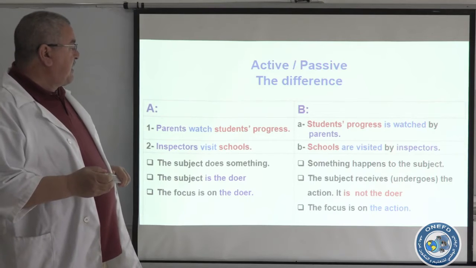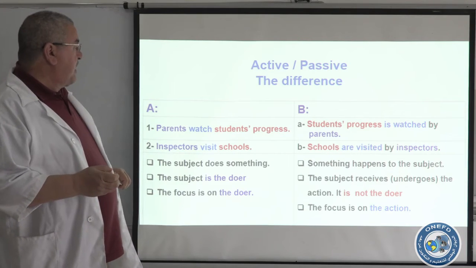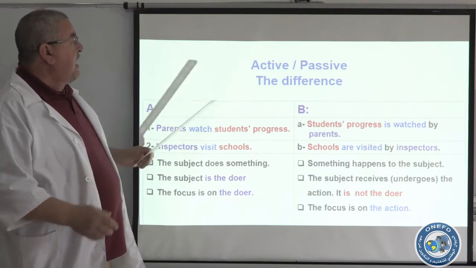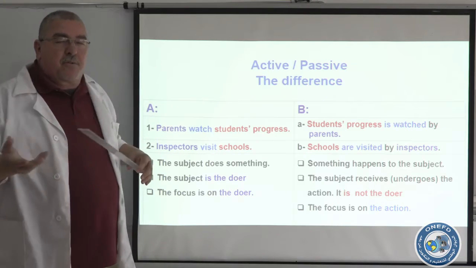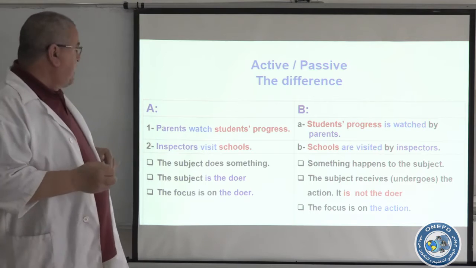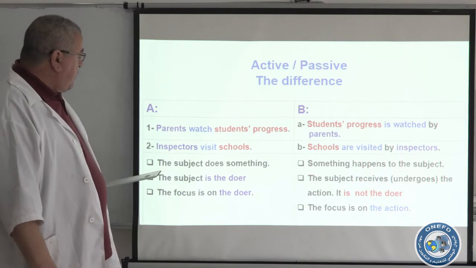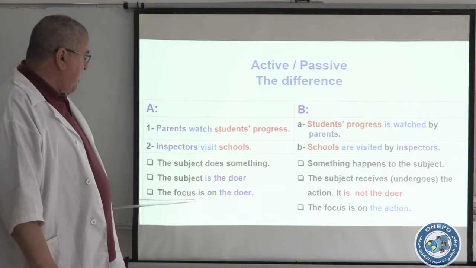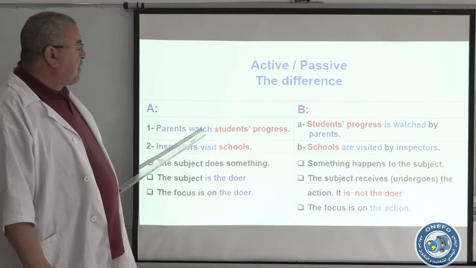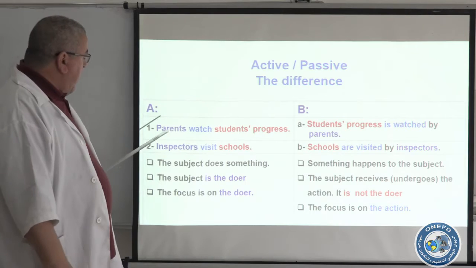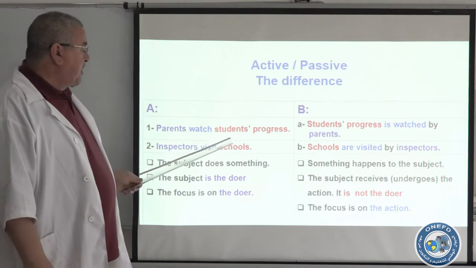Now, let's see more closely these two types of sentences. Active, passive, the difference. What is the difference between active and passive sentences? Let's analyze these sentences first. Parents watch students' progress, and inspectors visit schools.